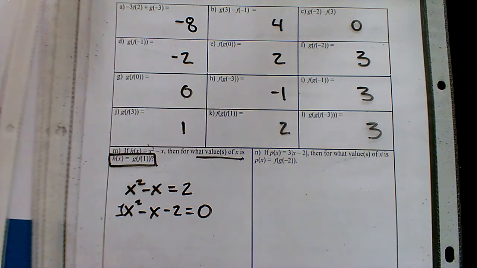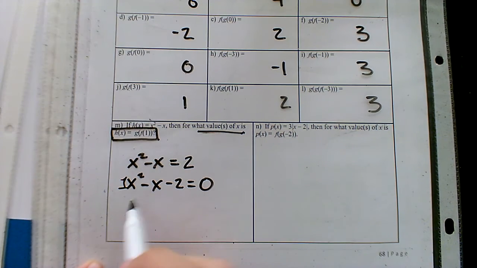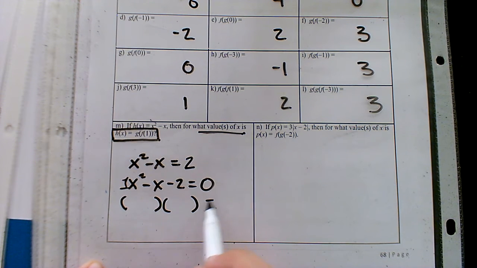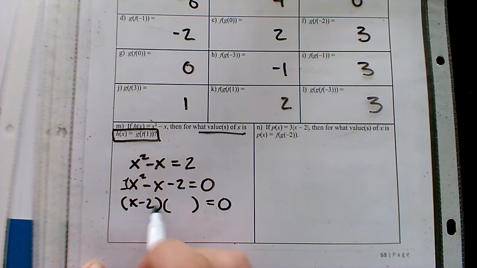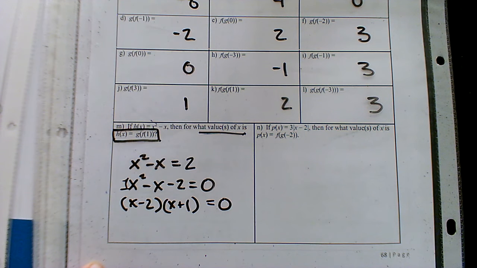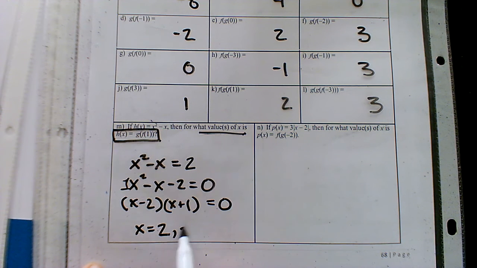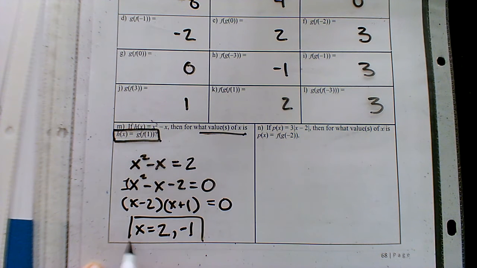So we have to think about two numbers that multiply to -2 but add to -1. Yeah? There we go. -2, +1. So if those are the factors, then solving for x, we would get a +2 from the first factor and a -1 from the second.